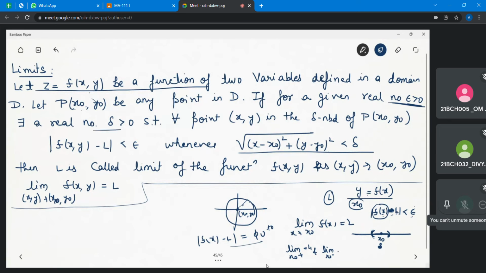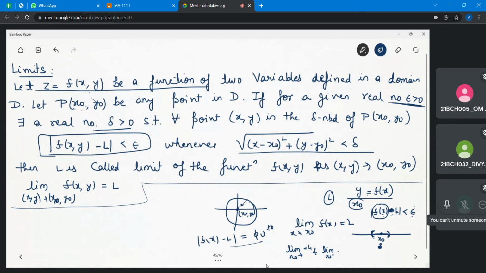There exists a delta neighborhood, there exists a real number delta greater than 0, means we can find a delta neighborhood such that f(x, y) is tending to some limit, means the difference between these two quantities, the distance between these two points, is small; f(x, y) is almost tending to the limit L in this delta neighborhood.